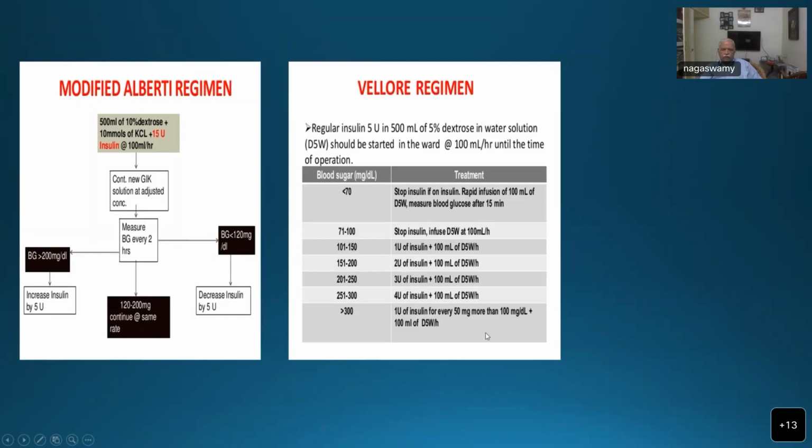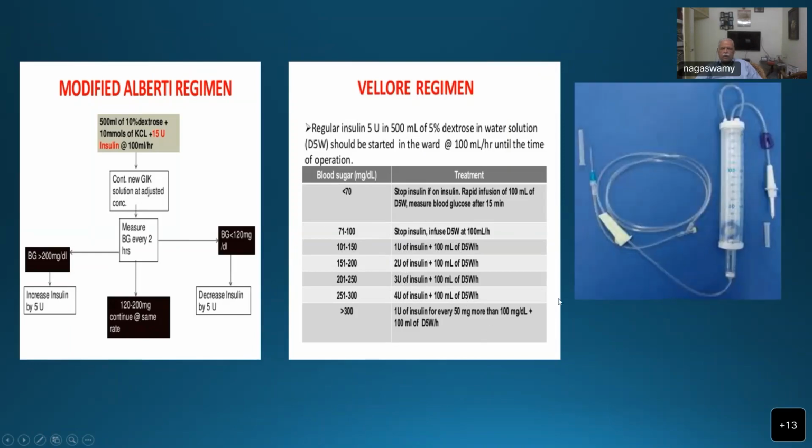Now, how do you administer that? You require only a pediatric burette system IV infusion set. You fill 100 ml of dextrose in that, and depending upon the blood sugar, you add through the side port 1 unit or 2 units or 3 units, and then infuse it.